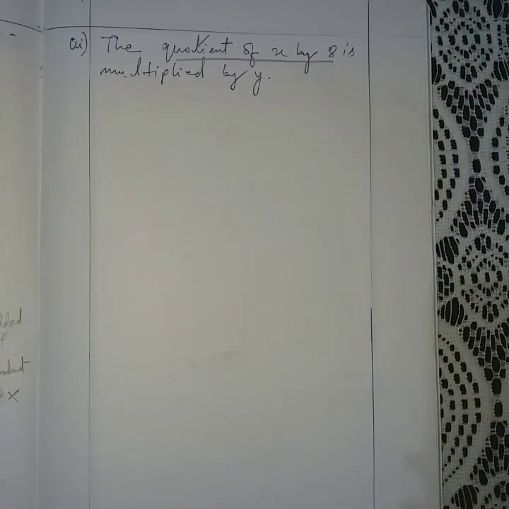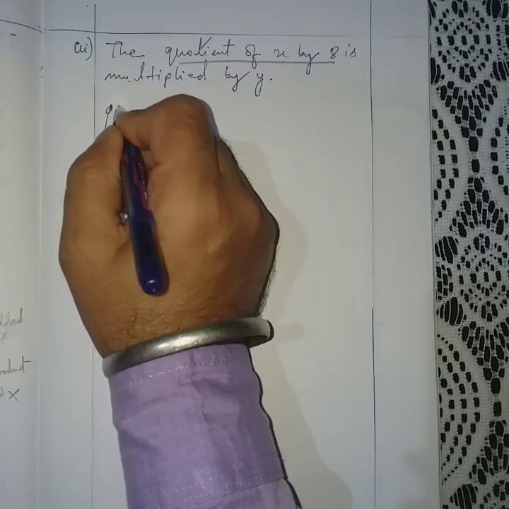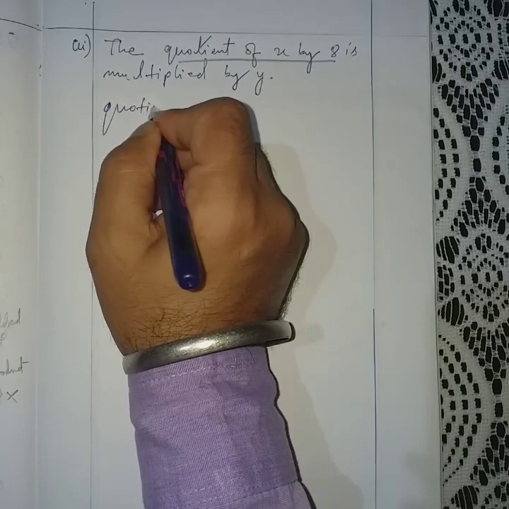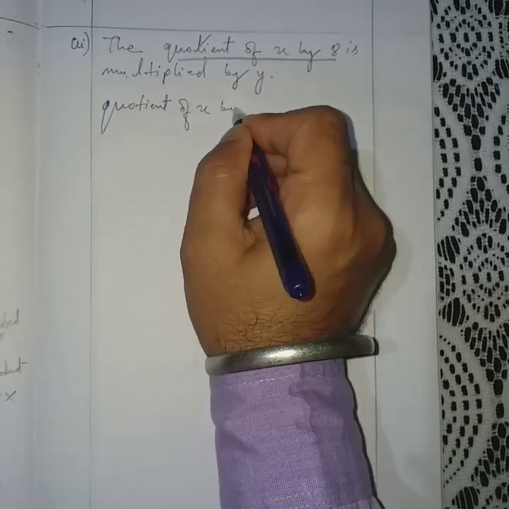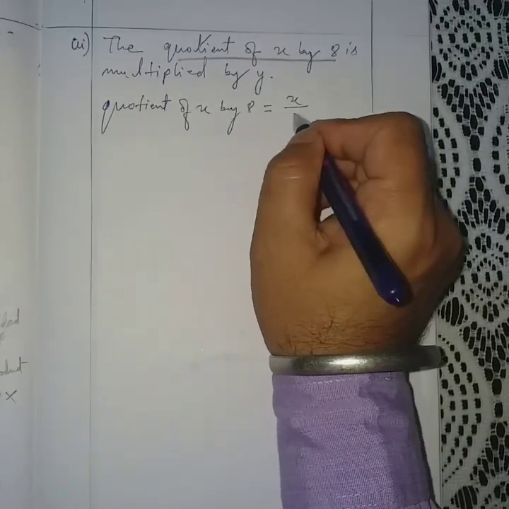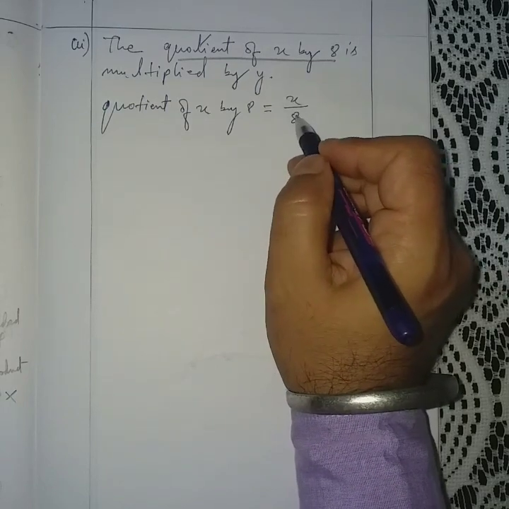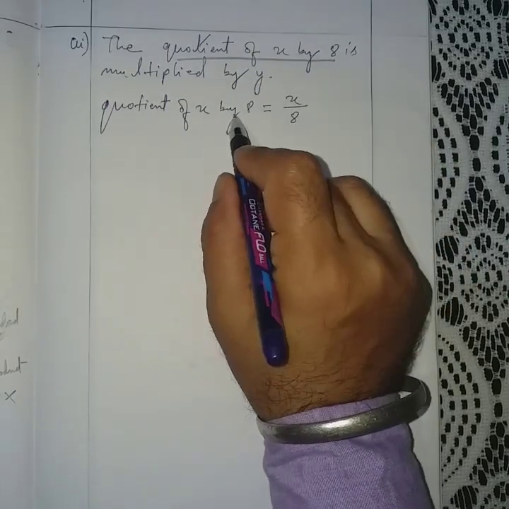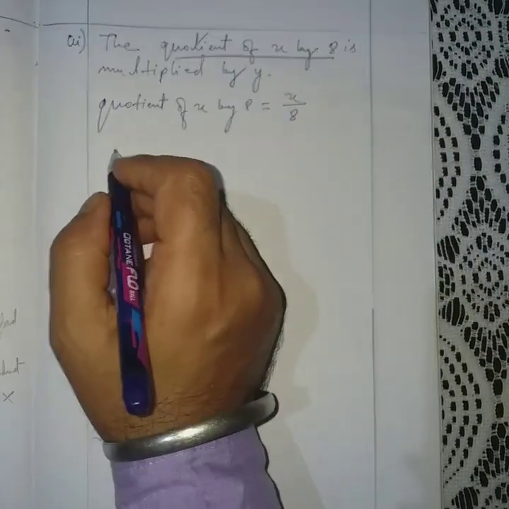Therefore, quotient of x by 8 we will get x divided by 8. If we divide x by 8, we'll get the quotient. So we can write quotient of x by 8 as x by 8 multiplied by y.